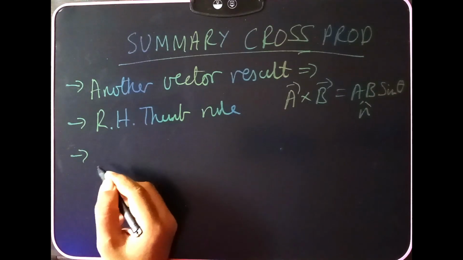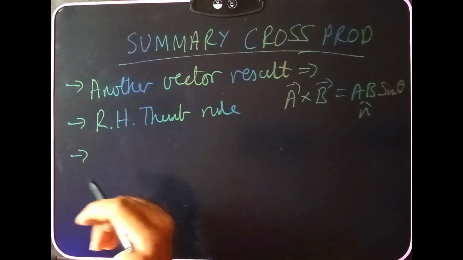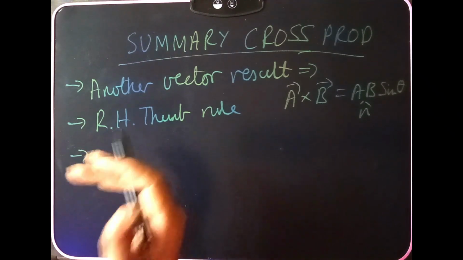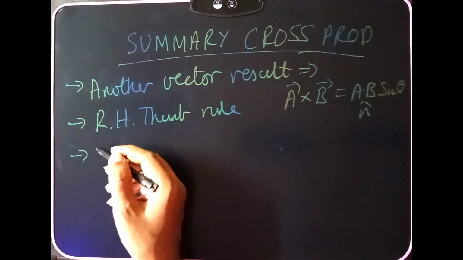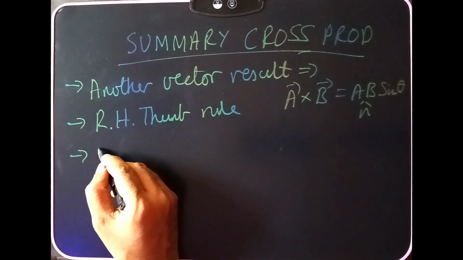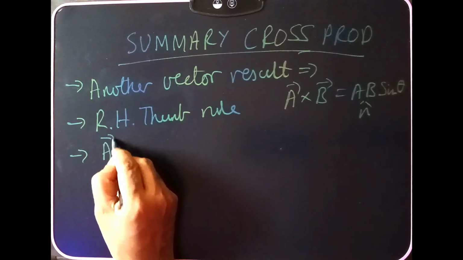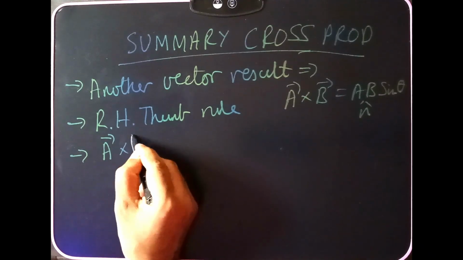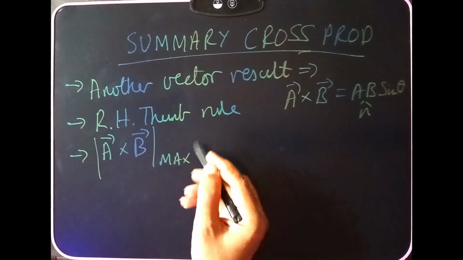The other aspect we learned is the right hand thumb rule to get the direction of the third vector. Then we saw the vector product, the third vector, we can write as A cross B. When is it maximum?